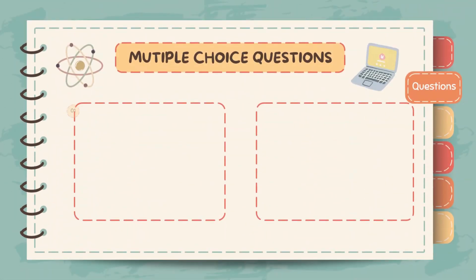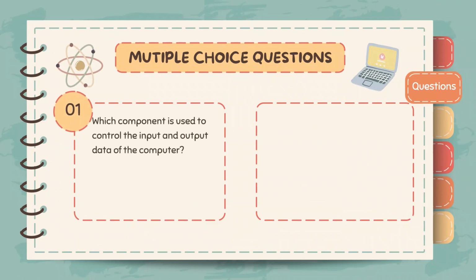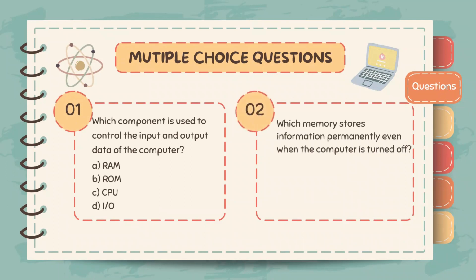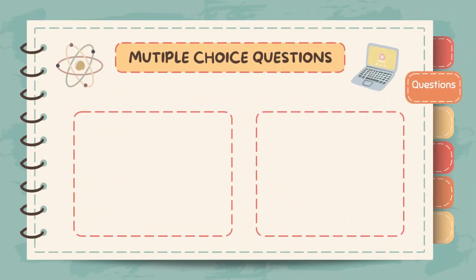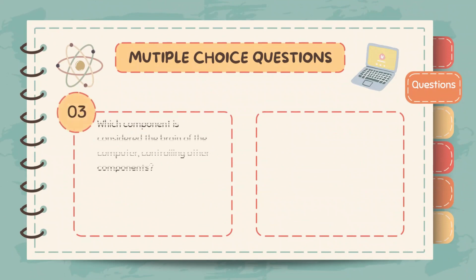Question 1. Which component is used to control the input and output data of the computer? Question 2. Which memory stores information permanently even when the computer is turned off? Question 3. Which component is considered the brain of the computer, controlling other components?